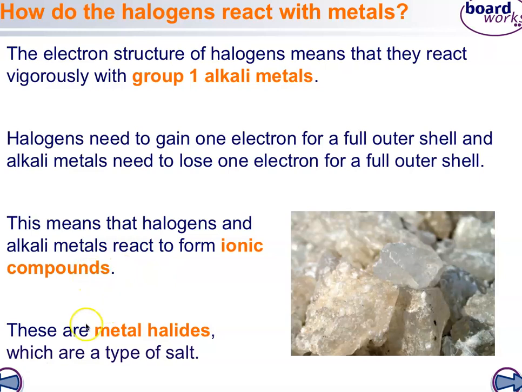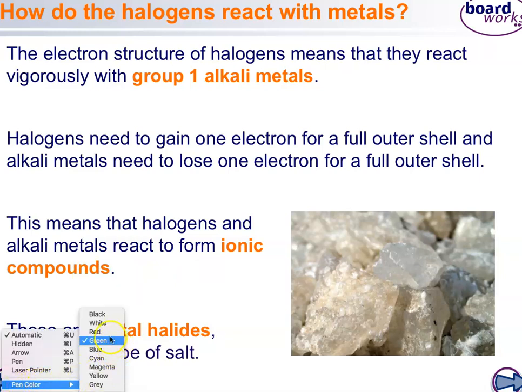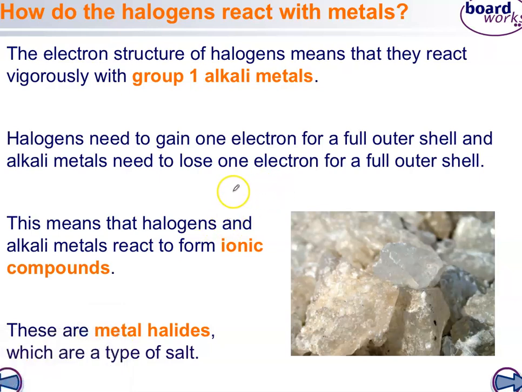Now, a common ionic compound between a halogen and an alkali metal is sodium chloride, right? Can you name any other ionic compound between a halogen and an alkali metal? Pause the video and write it down.